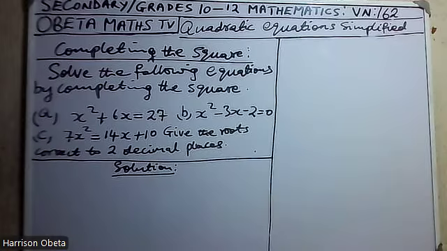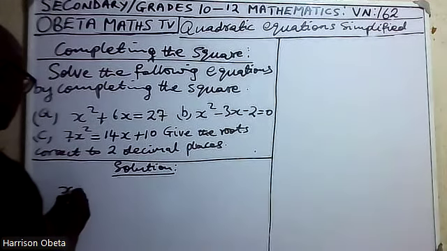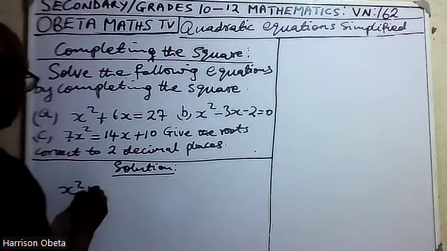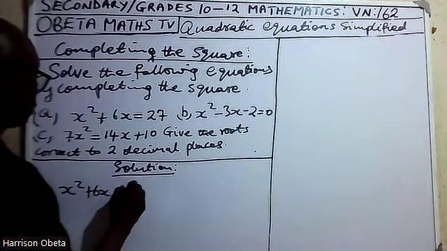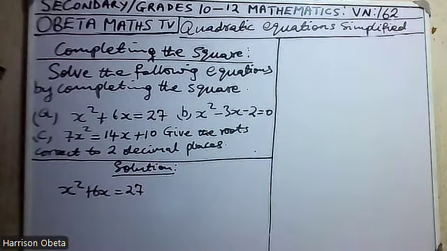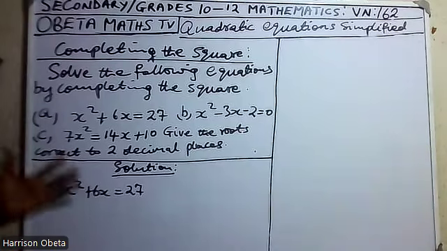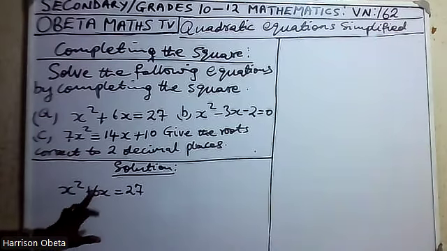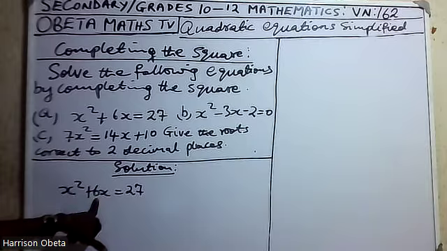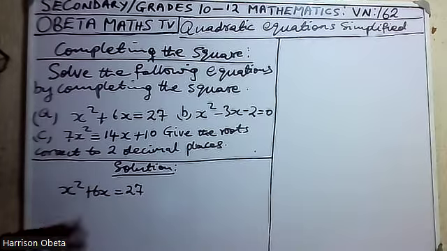So the first one, we have x squared plus 6x equal to 27. The method is that to complete the square, since the coefficient of x squared is 1, you have to divide the coefficient of x by 2, square the answer, and add it to both sides.